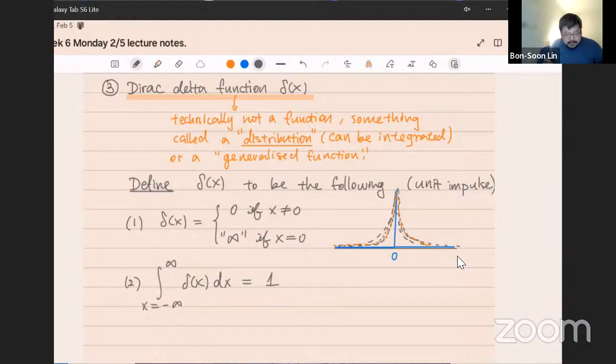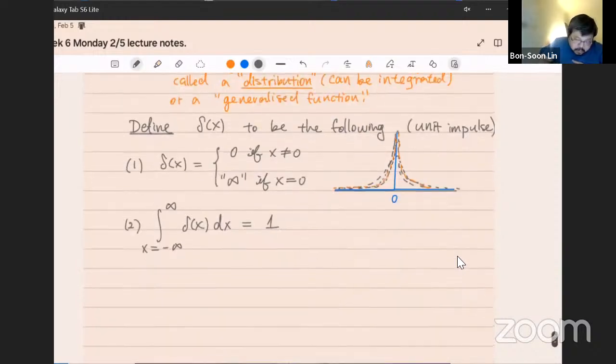But these are the defining properties of this delta. It's 0 everywhere. At 0, the height is infinite, but its mass, its area is 1. It's a finite number. It's 1. So it's called a unit impulse. You concentrate an area of 1 at this x equal to 0 point. It's kind of bizarre.